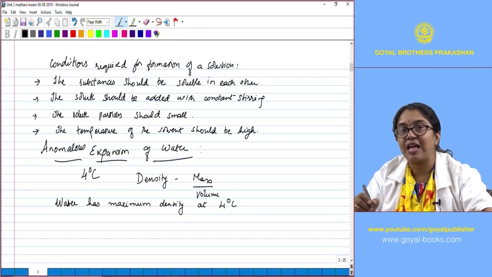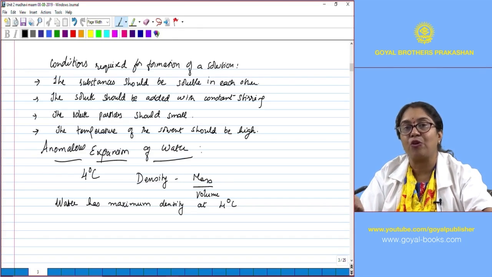When the upper layers of the water freeze and form ice, ice being lighter than water will float on water, and this ice forms a layer over water, and below the ice the water remains at 4 degrees Celsius, and that will support aquatic life. So this anomalous behavior of water prevents complete freezing of the water bodies. If this would have happened, children, there wouldn't have been any aquatic life. So this is very, very significant.